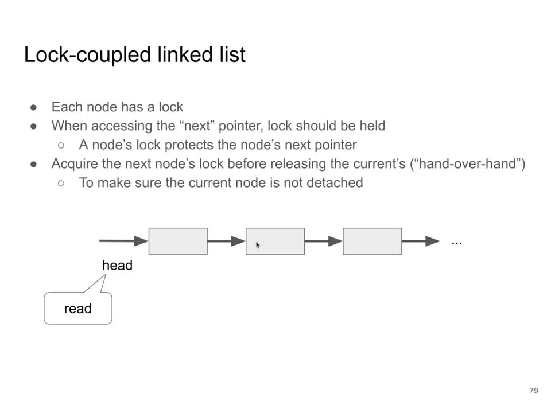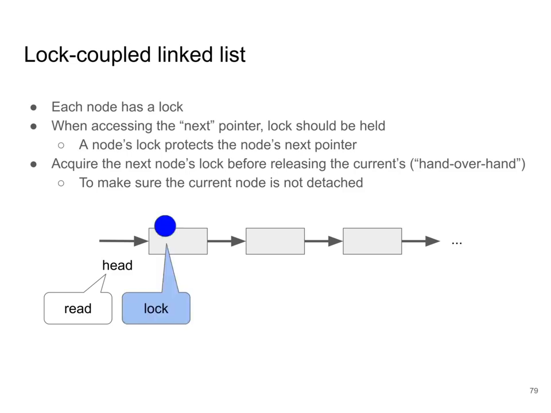So you know nothing about this linked list. It is possible that this node can be detached and deallocated by another thread. You need to avoid such a situation by always holding at least one node's lock. By doing so, you are guaranteed that your traversal is not detached or deallocated.